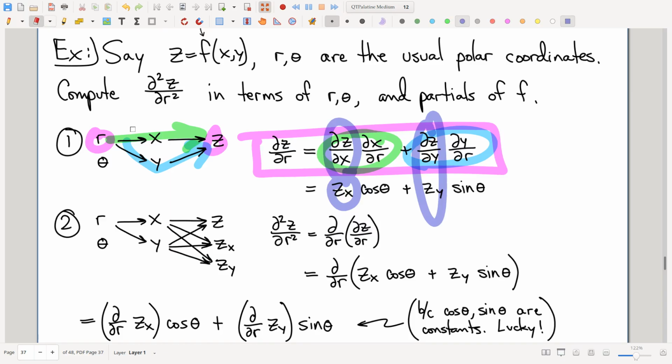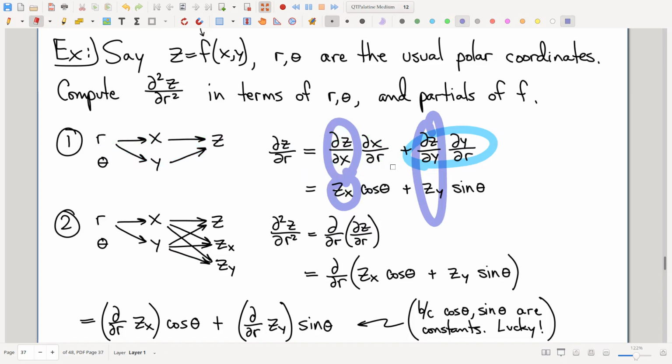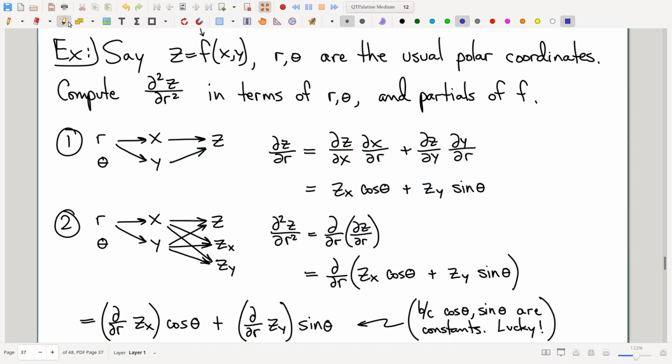The other observation I'll make is that that's an easy partial derivative to compute, and so is that, because we know x and y as functions of r and theta. They're formulas: r cosine theta, r sine theta. You can compute those partials explicitly.